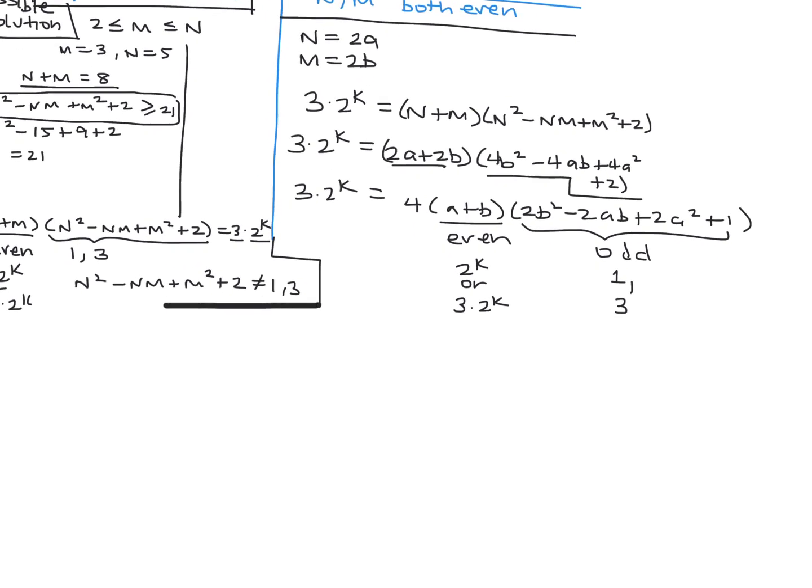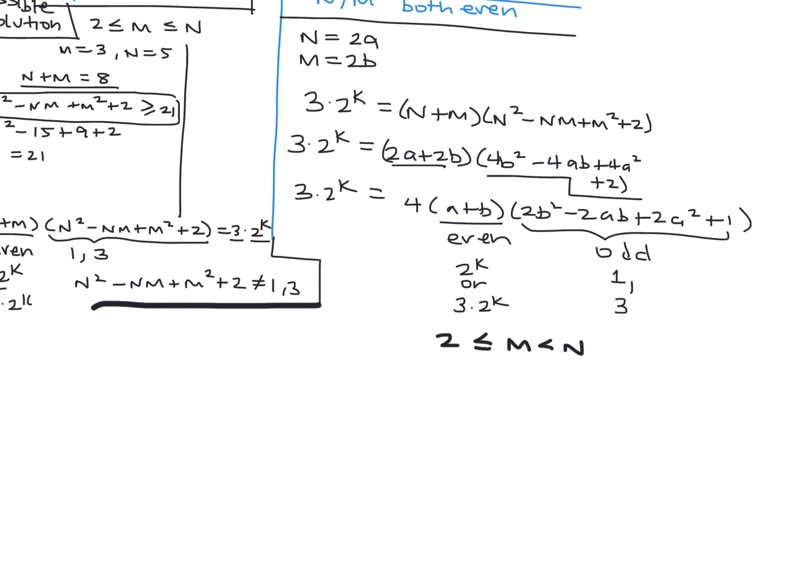So therefore, let's see here. What's our next step? Well, just going back to the original definition of m and n, and then we can sub in these values. So 2 is less than 2b is less than 2a, so therefore 1 is less than b less than a.